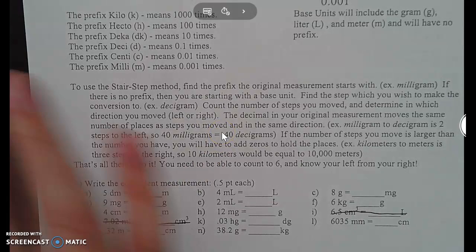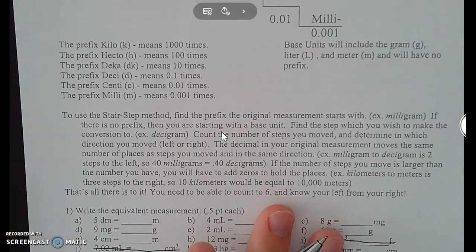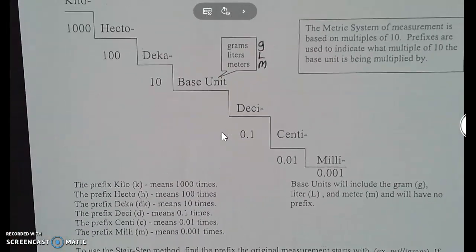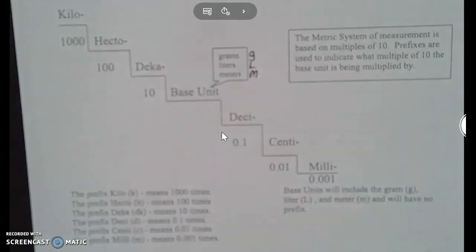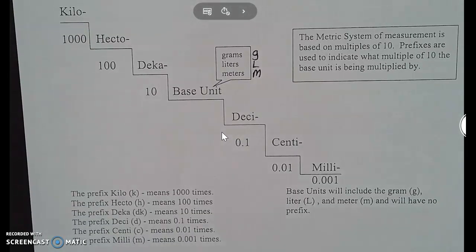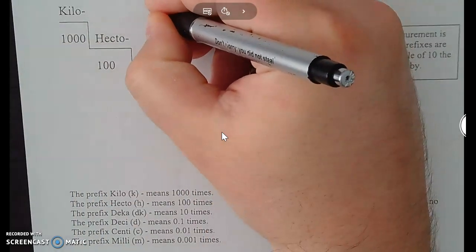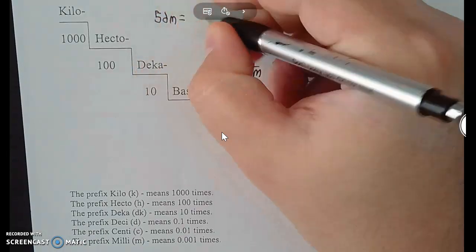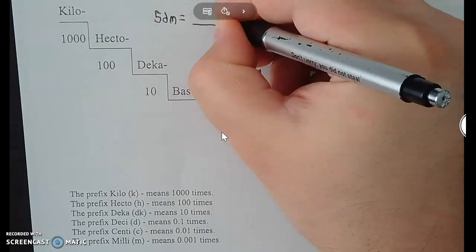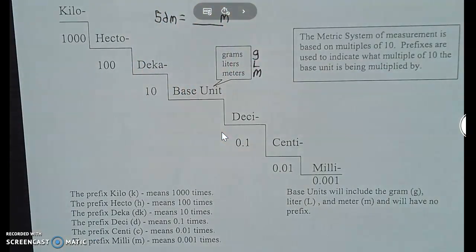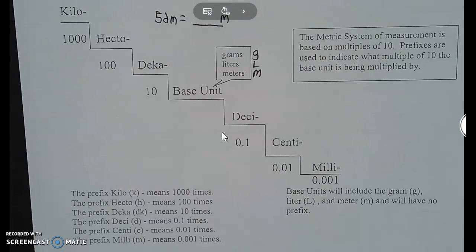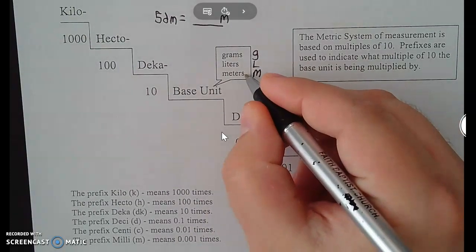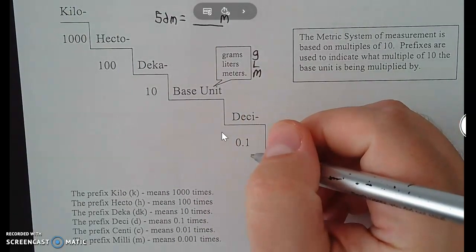Okay, so let's go back up to our staircase. We have 5 dm equals blank m. Well, you know that m is just regular old meters, right? So you're trying to convert dm to meters.